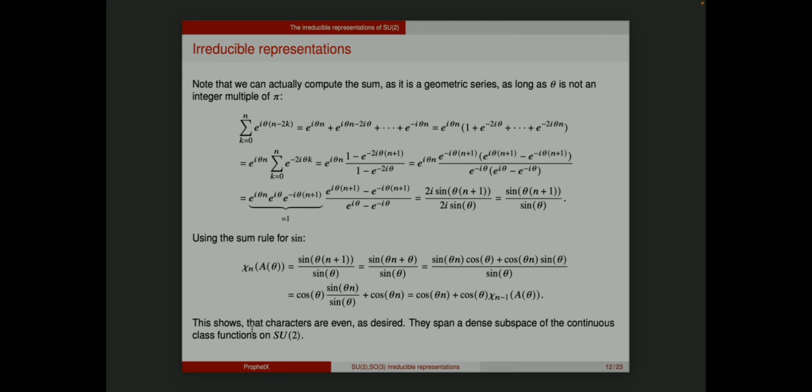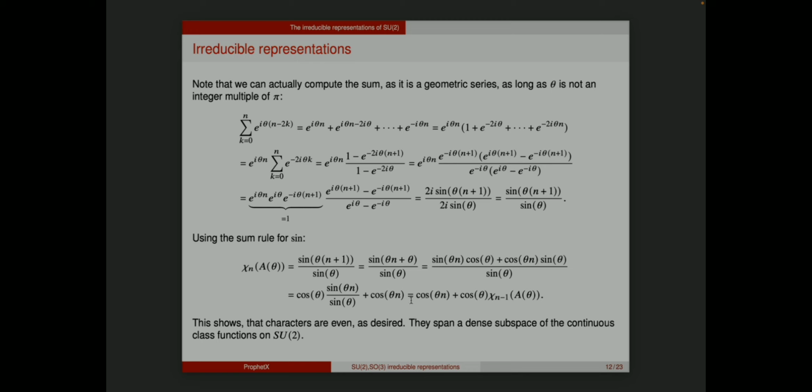And in particular, this shows that the characters are even, and moreover, it shows that they are 2 pi periodic, because A theta is in particular 2 pi periodic. So they span a subspace of the continuous class functions on SU2, which follows because we know that the continuous class functions on SU2 are 2 pi periodic even functions, and we know that cosine n theta and cosine theta do span this linear subspace.